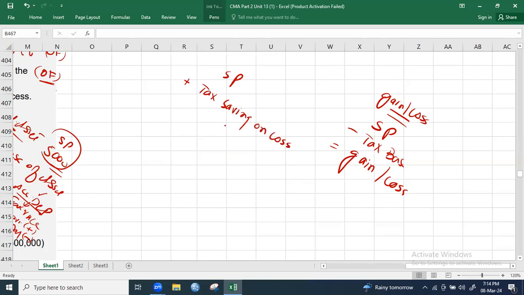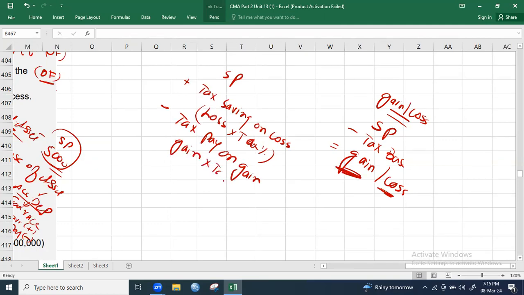And how will you get it? Put the amount of loss here, which you get from step number one, multiply by tax percentage. But if you have a gain, then deduct tax payments on gain. And how will you get the tax payment? Take the amount of gain, which you calculate from here, multiply by tax percentage.